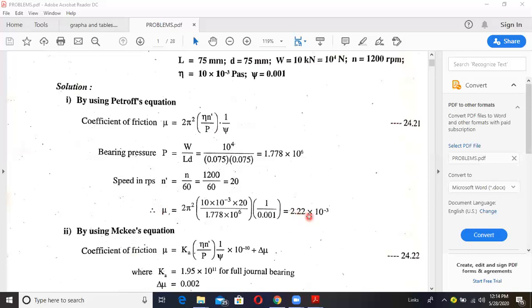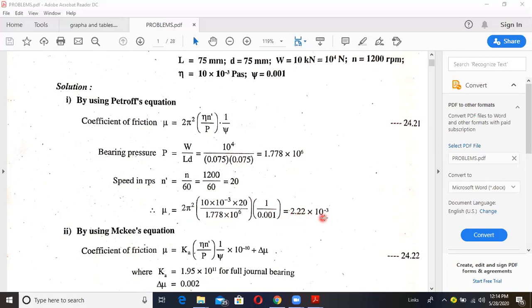Then we will get 2.22 into 10 to the power of minus 3. So substitute 2 into pi square, the value of eta, the value of n dash, divided by the value of P, into 1 divided by xi, and we get the value of mu.